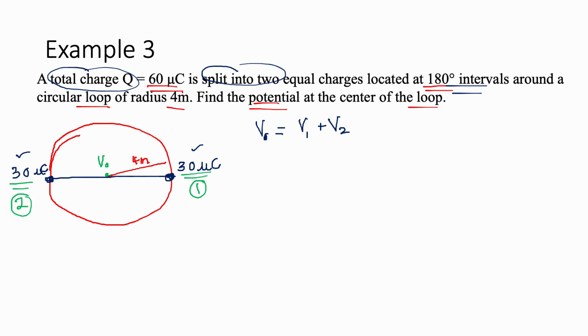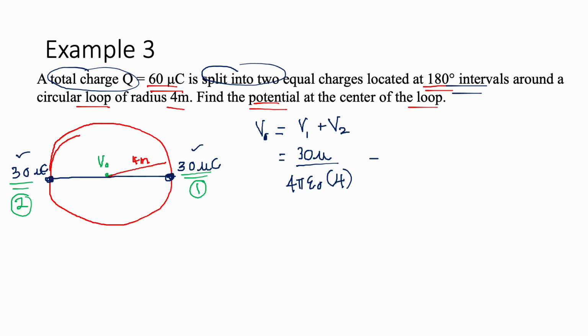So the equation is given to us as just now: Q over 4 pi epsilon naught R. So it's going to be Q, 30 micro, over 4 pi epsilon naught R. R is given as the distance from the point charge to the point of interest. The radius is given as 4 meters, so it's going to be 4.